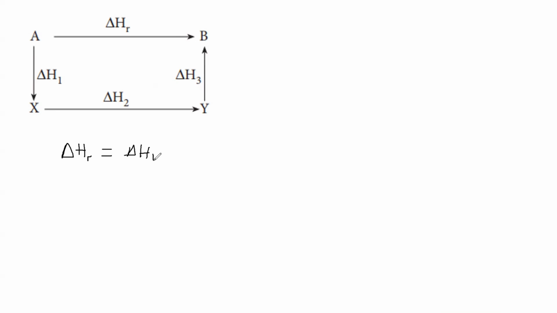We are going to say the enthalpy change at step 1, plus the enthalpy change at step 2, plus the enthalpy change at step 3. So that is what Hess's law of constant summation states: that the enthalpy change of the reaction is the sum of the enthalpy changes at the individual steps of the reaction.